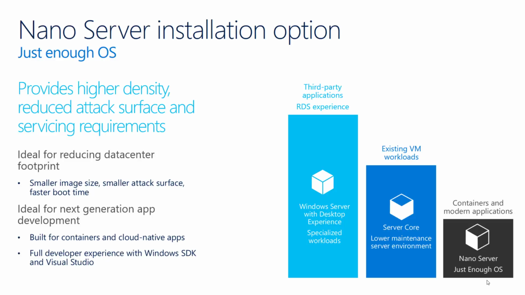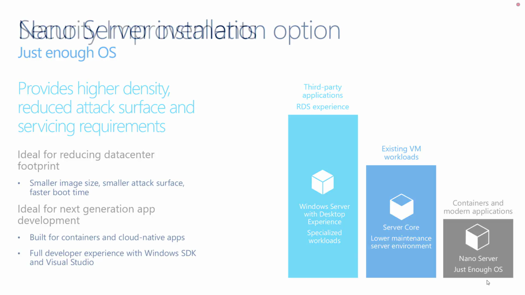It's really only got an emergency management console. So if someone says, what's the user interface like? It's like the user interface is whatever the remote management machine is that you're actually using to manage that. And we'll talk about that in just a moment. But the idea is that we can do high density deployments. We're reducing the attack surface and the servicing requirements. And you'll see as we go through the next few slides, all of this stuff will really start coming to life.